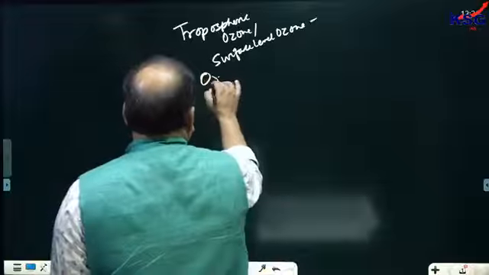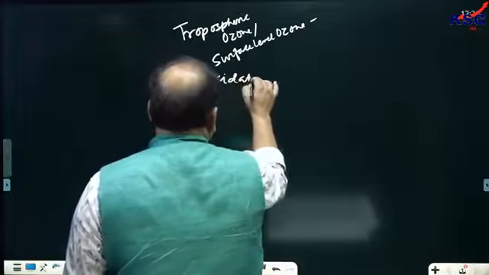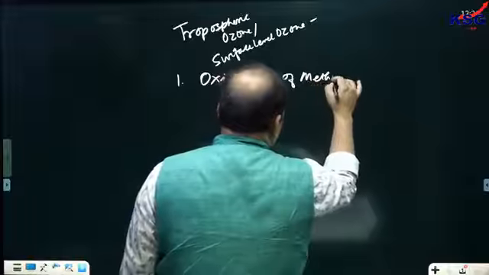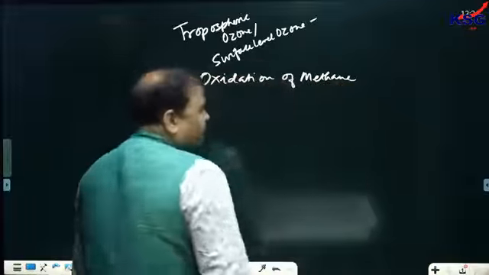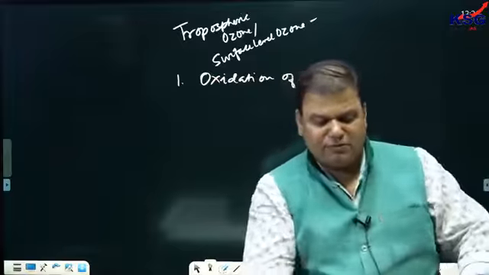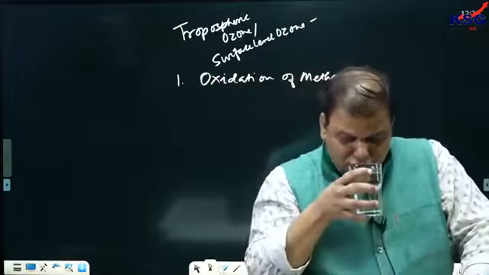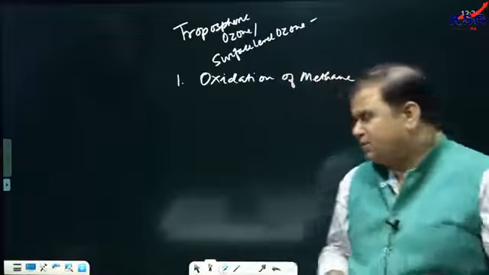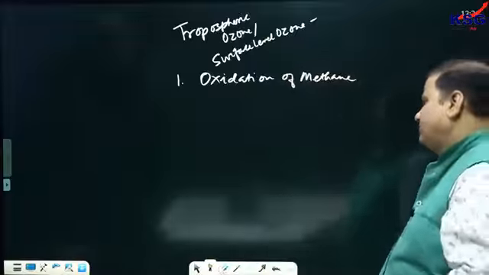First, oxidation of methane. So we can see oxidation of methane results in generating surface level ozone.